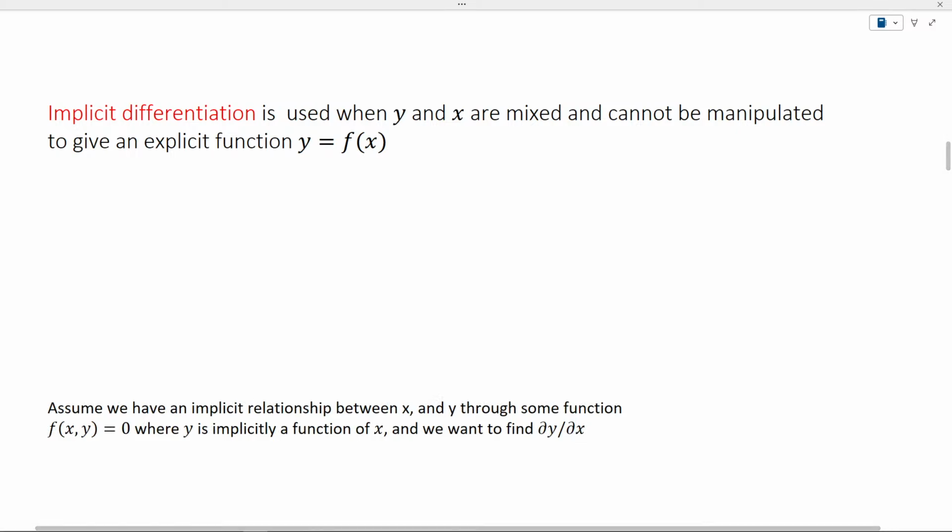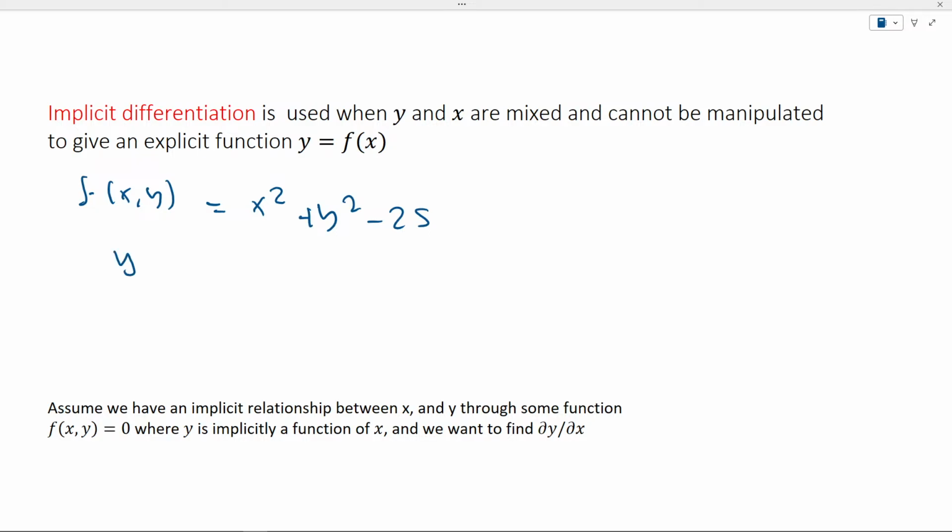Let's say I have f of x, y equal to x squared plus y squared minus 25. That would be an equation of a circle. Similar to what we did before, which was an equation of a sphere. Here I can get y as a function of x.